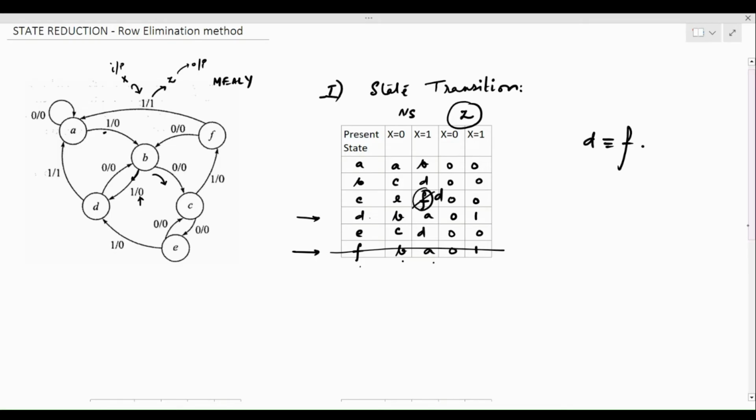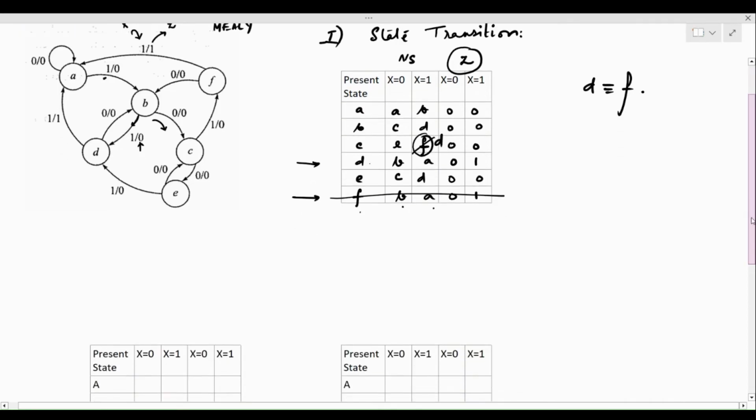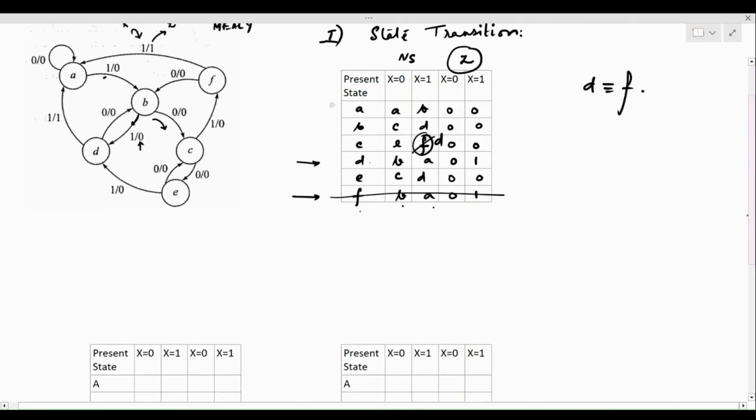So now we have this reduced state table where just one state has been eliminated. Let's move on, and we see that the remaining states, state A, B, C, and E, all have outputs 0, 0. So we can now compare and see which of these are actually equivalent.